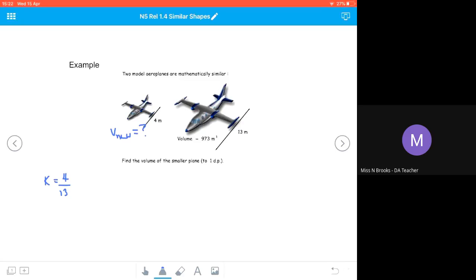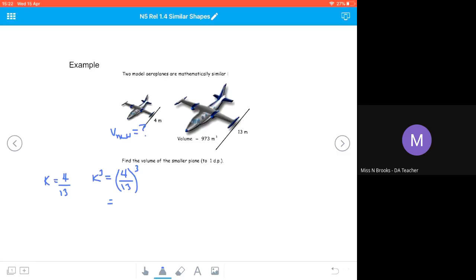Now volume, you can see the units there are meters cubed, so we want to work out what K cubed is. So K cubed is going to be 4 over 13 cubed. And obviously with a calculator, we could just put that into the calculator as 4 over 13 and cube it. If you don't have a fraction button, make sure you put the 4 over 13 or the 4 divided by 13 inside a bracket so that you cube the whole thing.